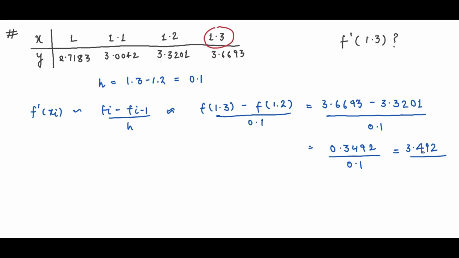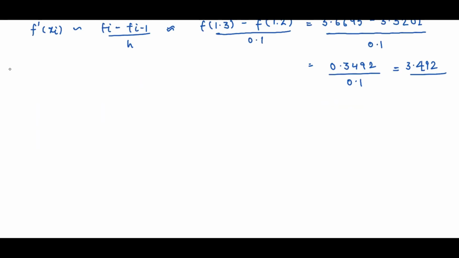Before moving on to the next section, let's briefly see something important. The basic backward difference formula is f dash xi as above, but we can obtain a more accurate approximation by including the higher order backward differences.